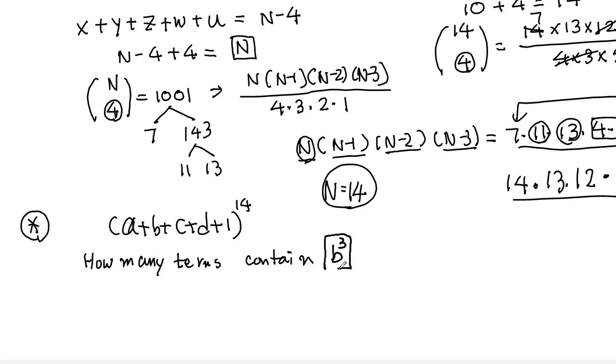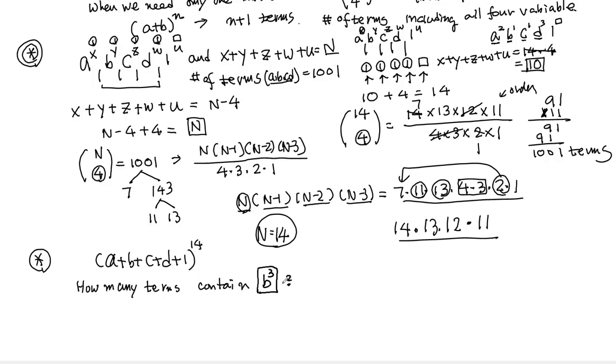Every term can be expressed this way: a to the x, b to the y, c to the z, d to the w, 1 to the u. And the sum of all exponents, x plus y plus z plus w plus u, should be equal to what? 14, right?